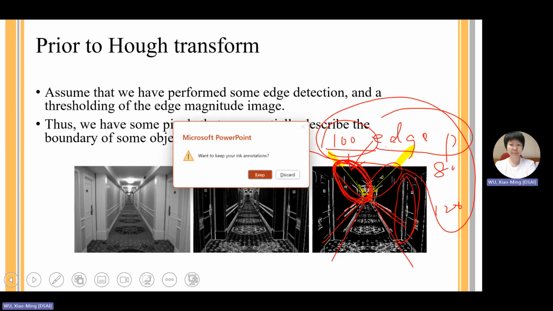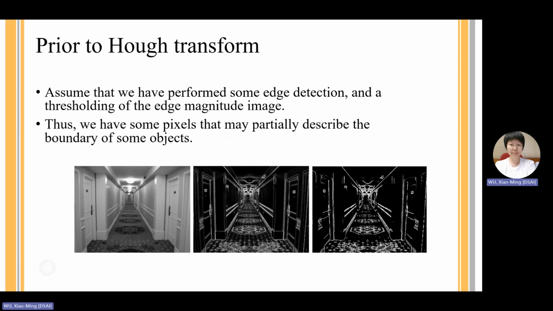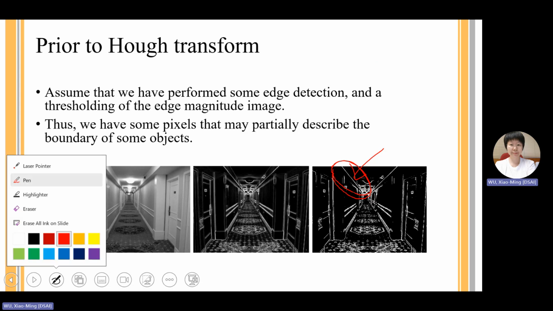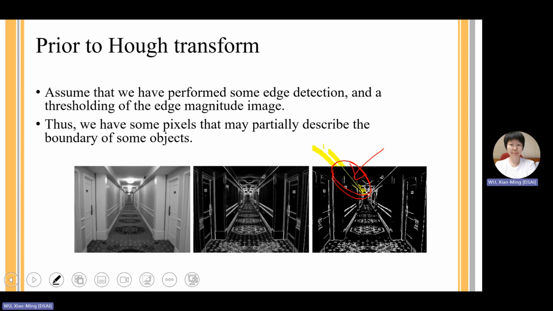And this requires us, from the edge map, to be able to identify which pixels belong to the same line. So we need to identify that these pixels belong to this line, and also these pixels belong to this line, and these pixels belong to this line.